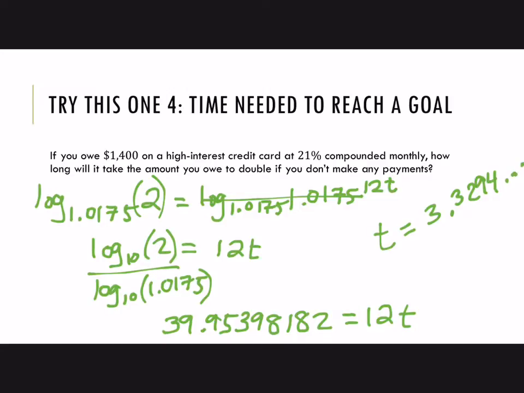I'm probably just going to round this off. So this is just about 3 years, or a little over 3 years. So that's kind of interesting. It's a high interest credit card, and it only takes about 3 years for the amount to double.